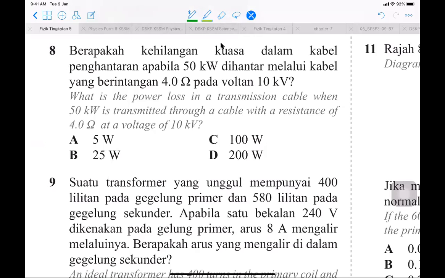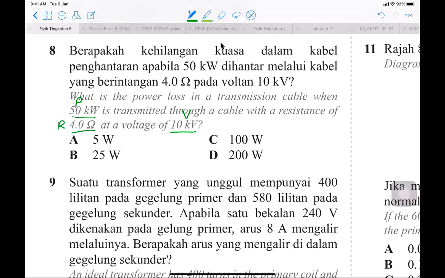Okay, what is the answer for question number 8? We have here, this one is power, this one is R, resistance, and this one is the voltage.